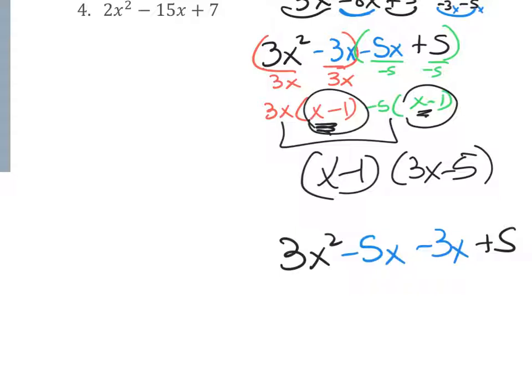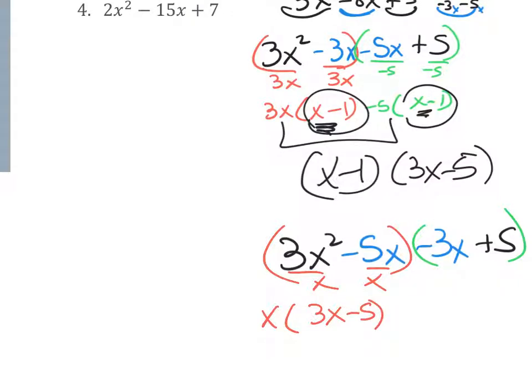So if I make this a red group and this a green group, my GCF of red this time is only going to be an x. So when I factor out the x, I'm left with 3x minus 5. And then on the other one, my GCF is going to be a negative 1 because I want my signs to be the same.